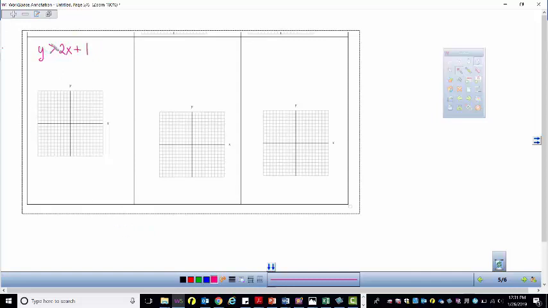So first thing, is this going to be a solid or dotted line? So it'll be dotted or broken, however you want to say that. And then we graph. Our graph starts at 1. Our slope is 2. So we go up 2 over 1. Up 2 over 1. I put some points in, and now you're going to draw in your broken or dotted line.